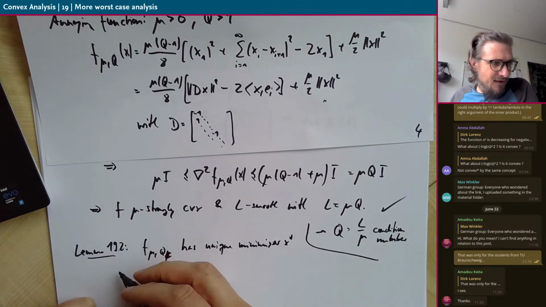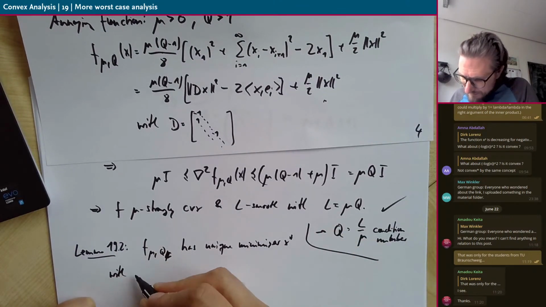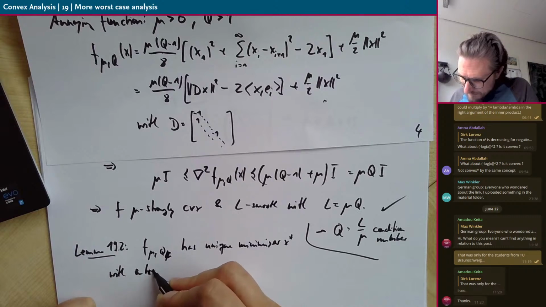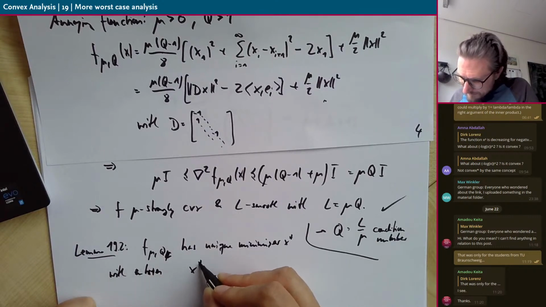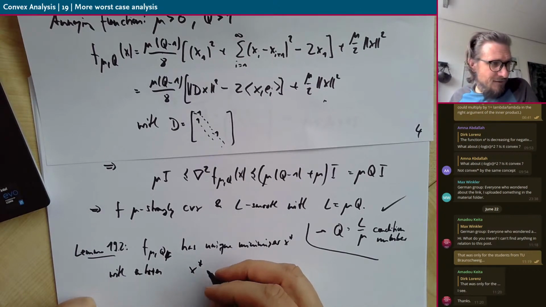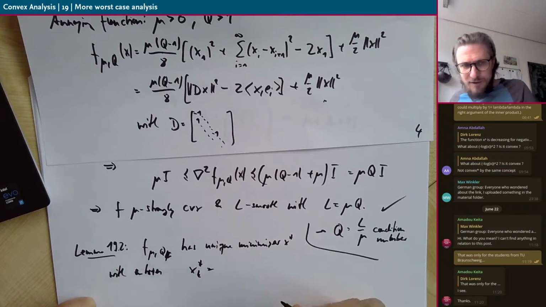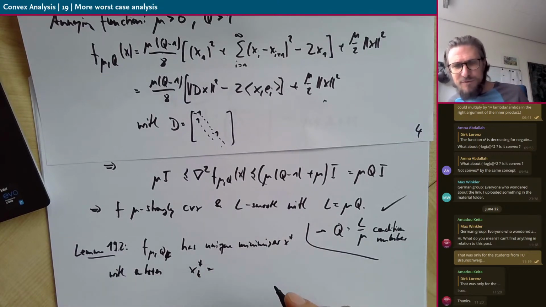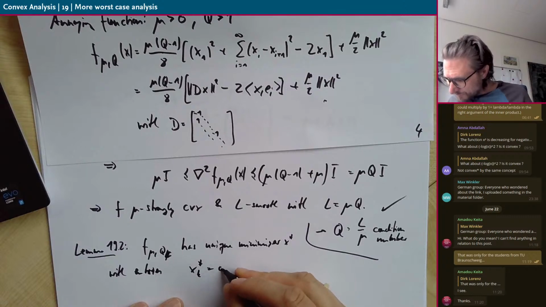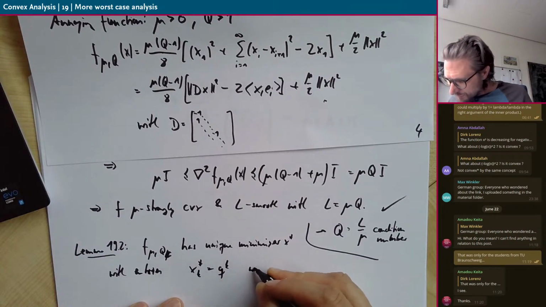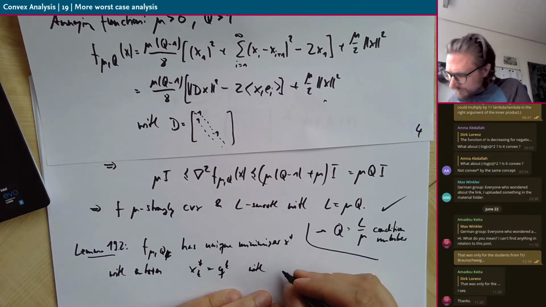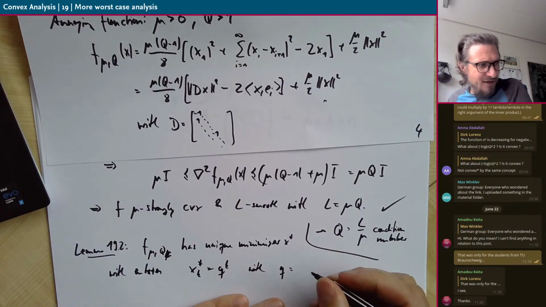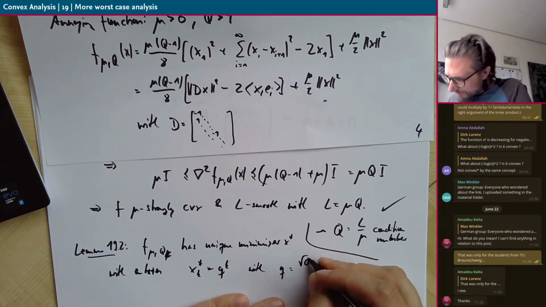And this has the entries X star, let's say K. And this is now quite nice because the entries really form a geometric sequence. So the entries are of the form q to the k, and q, the small q, is very simple actually. It's the square root of capital Q minus 1 divided by square root of capital Q plus 1.